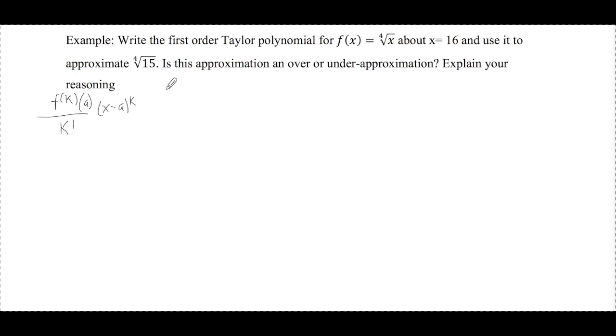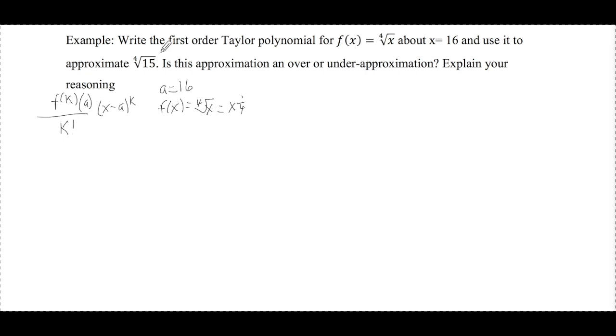And we know here that we're trying to do the first order Taylor polynomial at x equals 16. So that means our a value is going to be 16, and our f of x, in this case, is going to be the cube root of x, which is x to the 1/3.